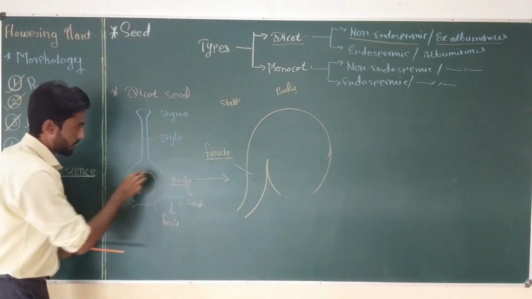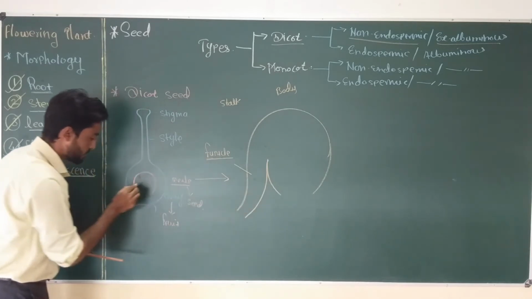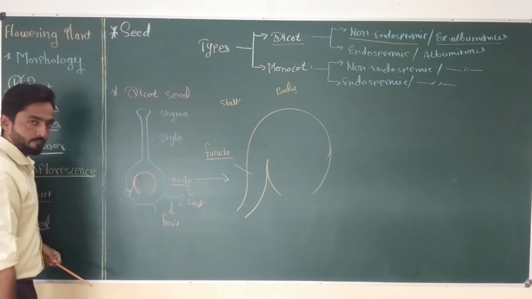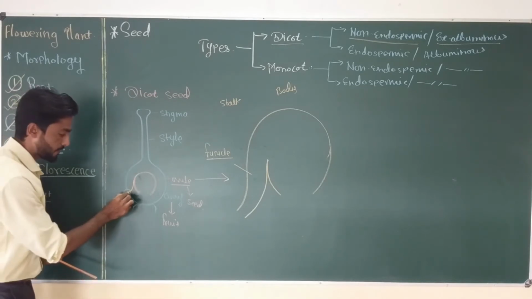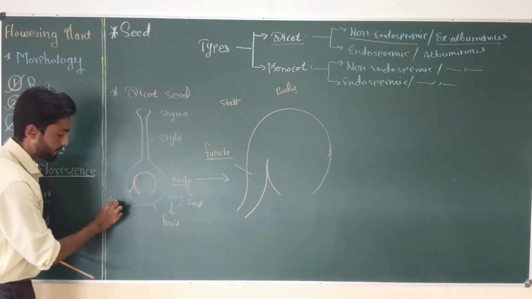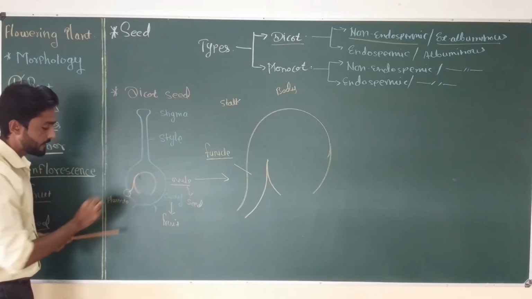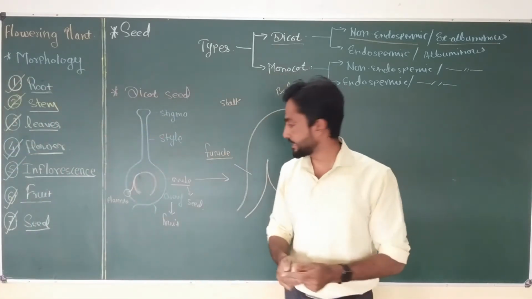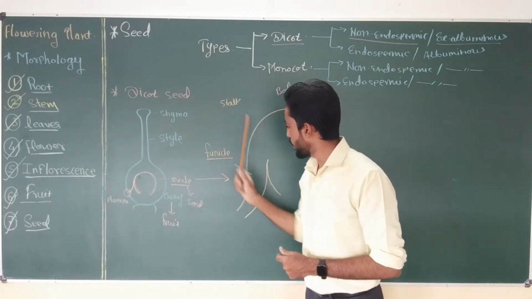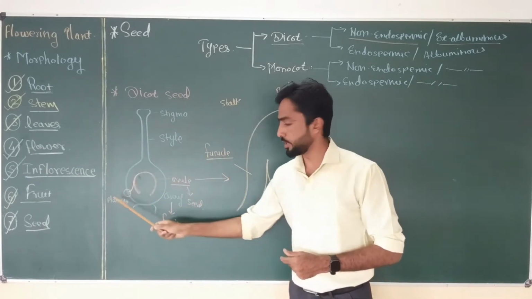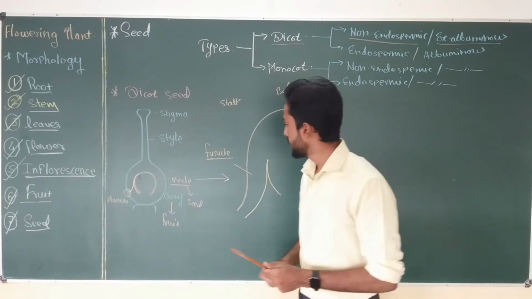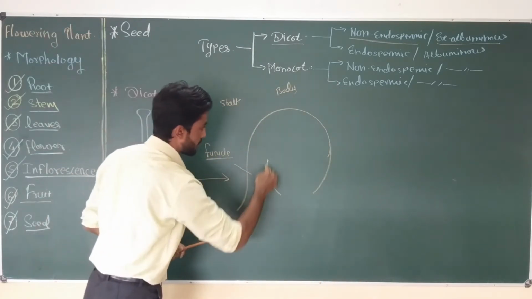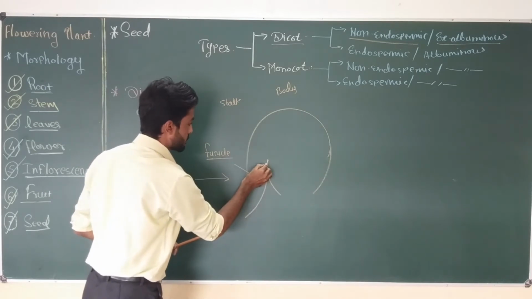Now the funicle or stalk is attached to the ovary wall at a special point having fertile tissue, called the placenta. So the placenta is the tissue which helps in attachment of the stalk or funicle to the ovary wall. Now the point at which the funicle is attached to the main body of the ovule is called the hilum.